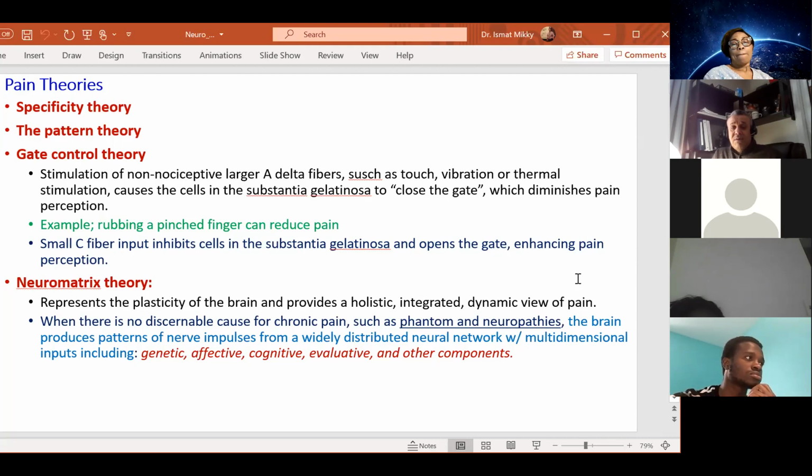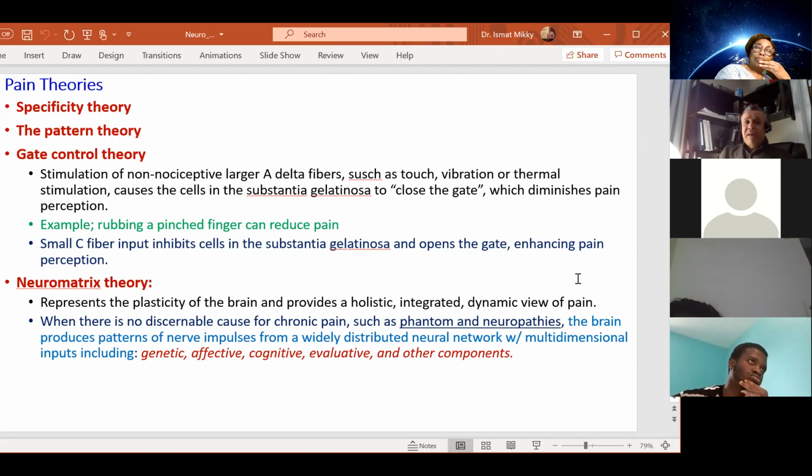The second theory, the gate control theory, is one of the oldest theories. It was developed to explain the complexities of the pain phenomena, but it was inadequate, meaning it didn't provide an adequate explanation of chronic pain or what we call phantom limb pain.